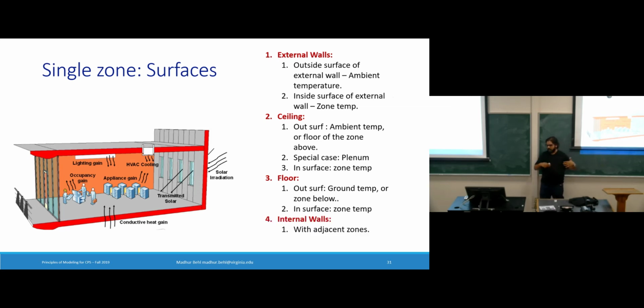So those are called internal walls. Internal walls are different from external walls simply based on their boundary condition outside. What is the temperature outside? It's another zone. If the temperature outside is the actual ambient temperature, then that's an external wall. And finally, we do have some different materials. There are breaks in this wall in terms of the windows and doors. We model them as separate conduction channels or convection channels.